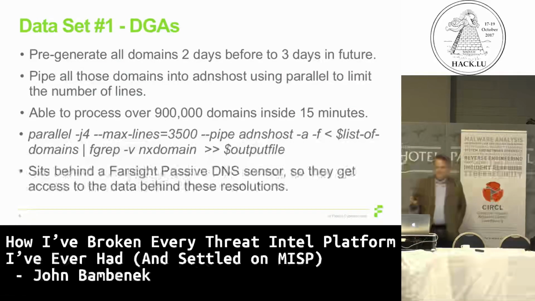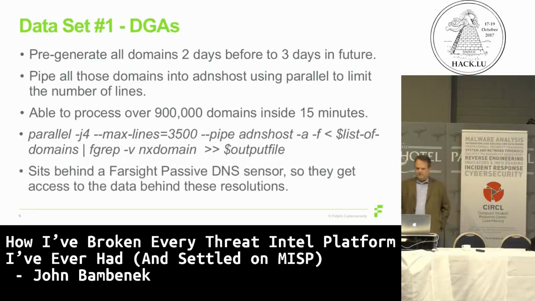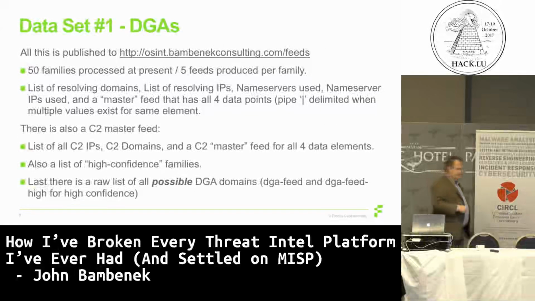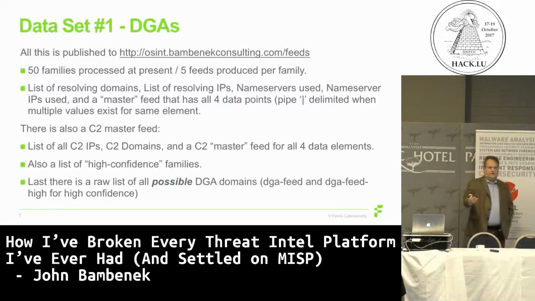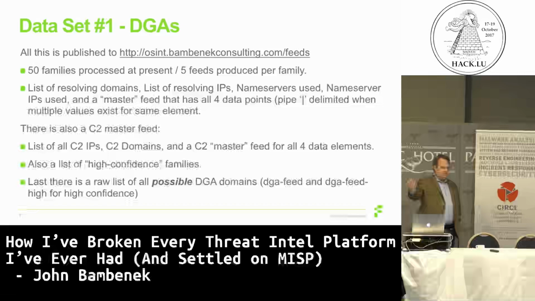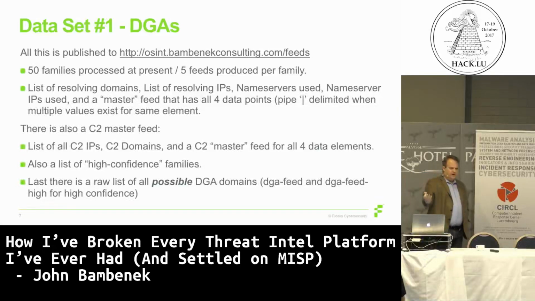It can be used that way, and there are some implications of why you ought not to, which is a topic for another day. But that's all published as CSVs, right? Or text files, but in essence, just CSVs. There's a C2 master feed, which is just the aggregation of all 50 families into one file.